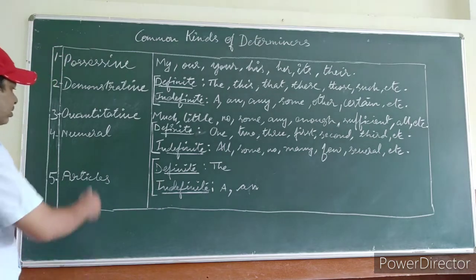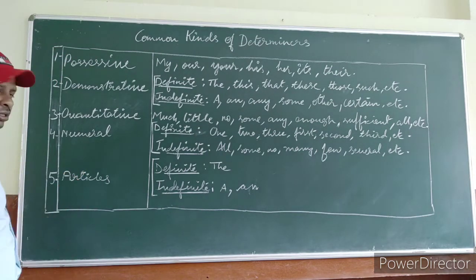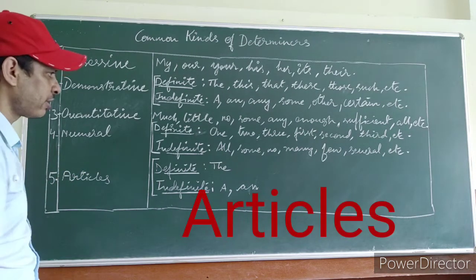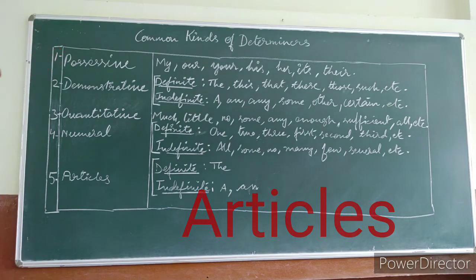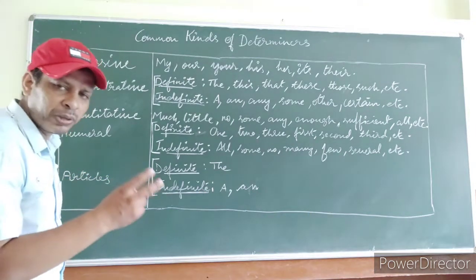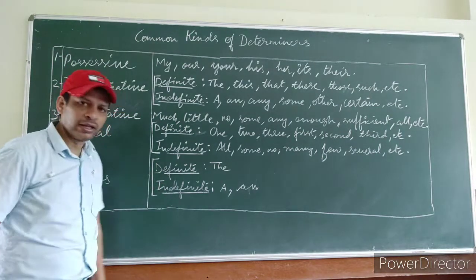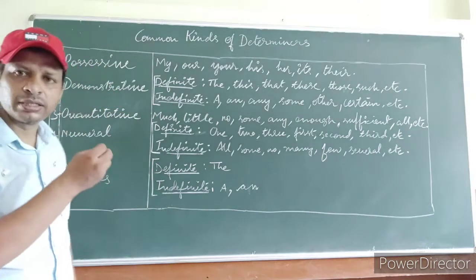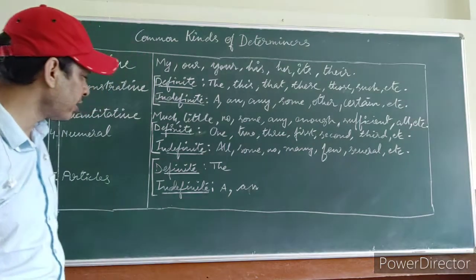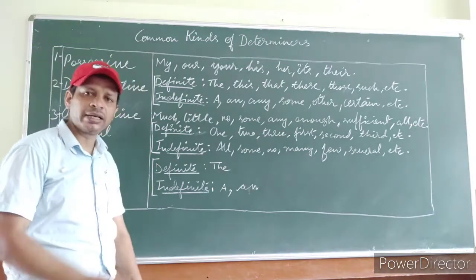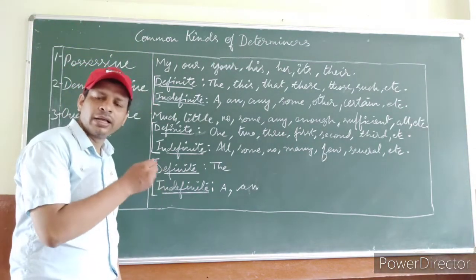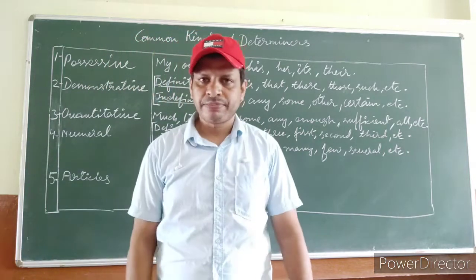And the last part is articles. Articles have two types: definite and indefinite. Definite is the article the, and indefinite is the article a and an.